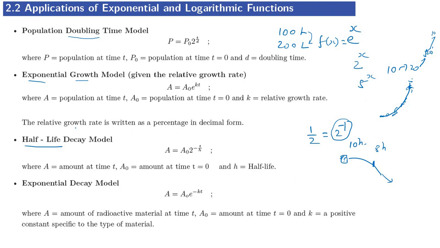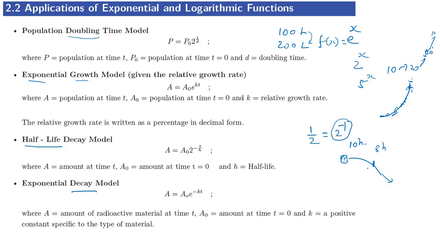So you want to understand whether it is increasing or decreasing. There are two models for increasing: population doubling and exponential growth. See the powers of the numbers here: 2 power plus, e power plus. Here, half-life decay, it is reducing. In how much time will it become half?